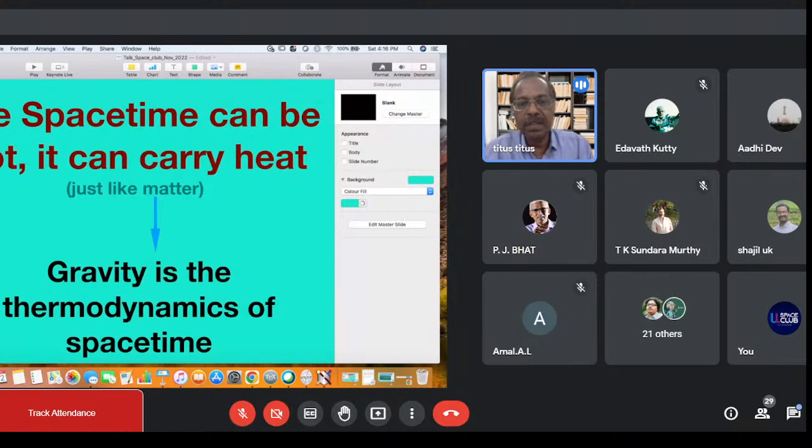We want to calculate the number of atoms in space-time, right? You should take an area, any area, say 1 square centimeter of space. And you are asking the question, how many atoms of space, or space-time, are there?